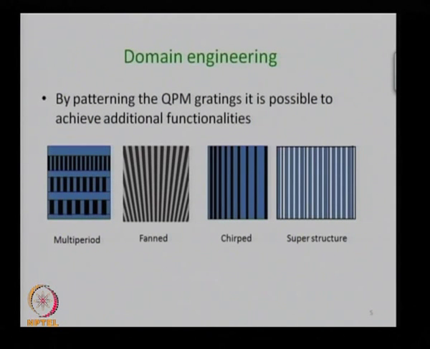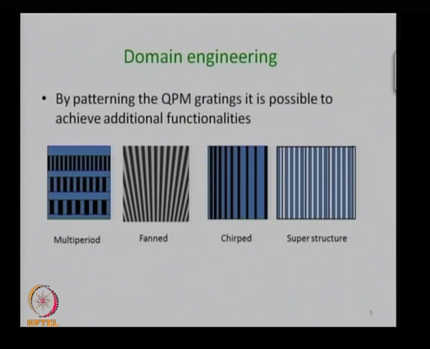Let me show you some interesting configurations you can do by making crystals with multiple periods. So you have one period, then a second period, a third period. Depending on which period you use, you can achieve phase matching for different frequencies. Because remember, the phase matching period depends on the frequency of the fundamental wave.